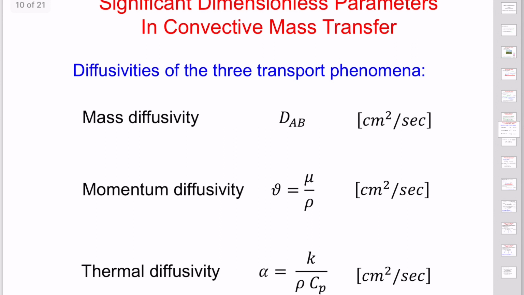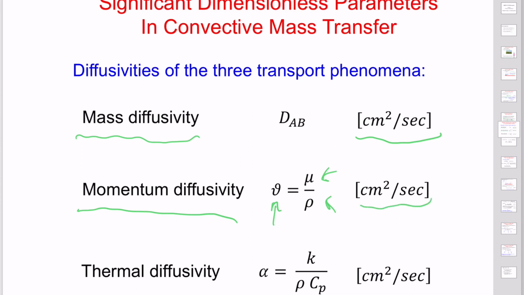This is just to relate the diffusivities. We've already seen mass transfer diffusivity with the units of centimeters squared per second. Similar to that is momentum diffusivity, nu, which is the viscosity divided by the density of the fluid. And it gives you the same units. And this is a thermal diffusivity, alpha.